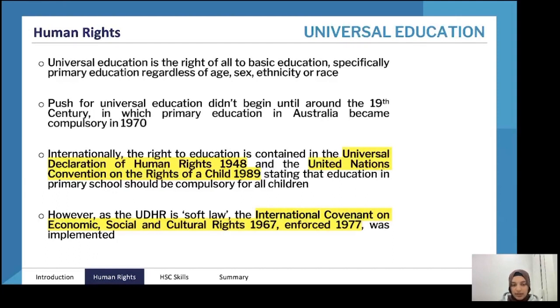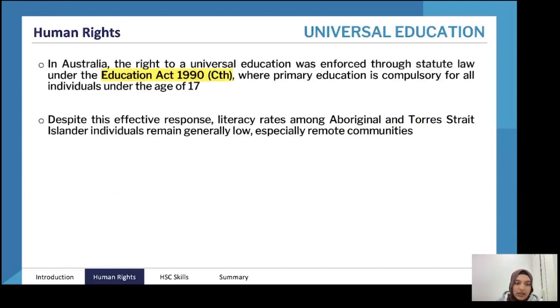However, as the UDHR is a soft law, it was enforced and implemented as well. In Australia, the right to a universal education was enforced through statute law, so legislation. What's that legislation? It's called the Education Act of 1990 Commonwealth, where primary education is compulsory for all individuals under the age of 17.